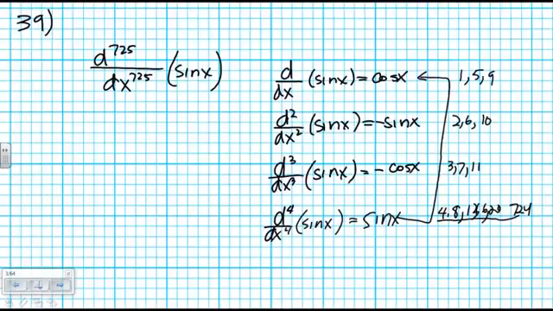That means the 725th derivative is cosine. And that's how we do that problem. We see the cyclic nature of these derivatives and we exploit the pattern.